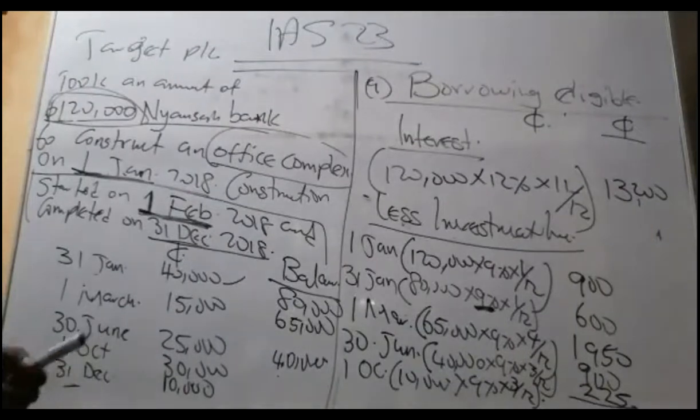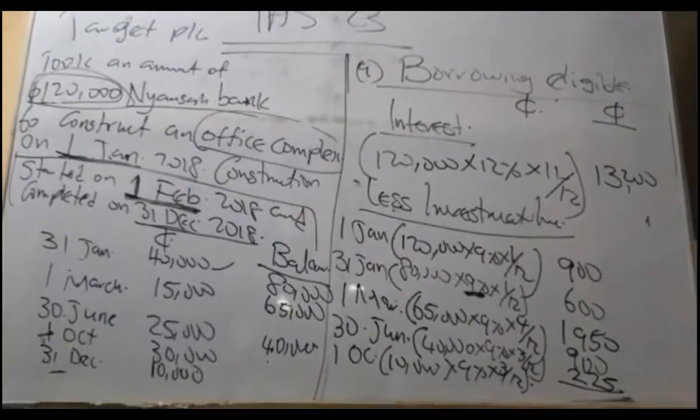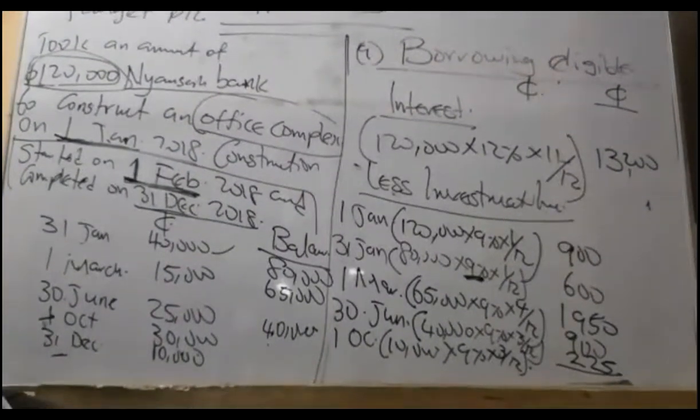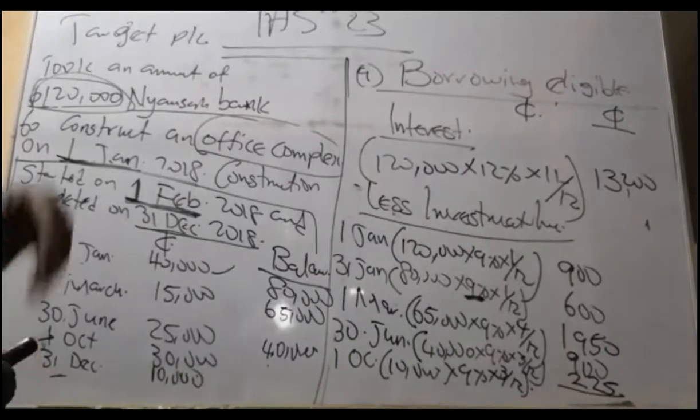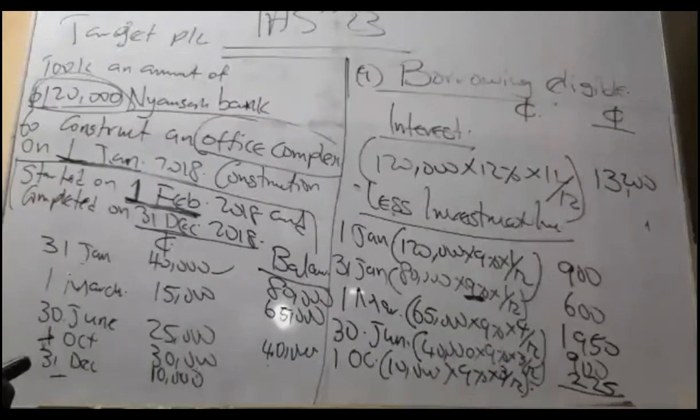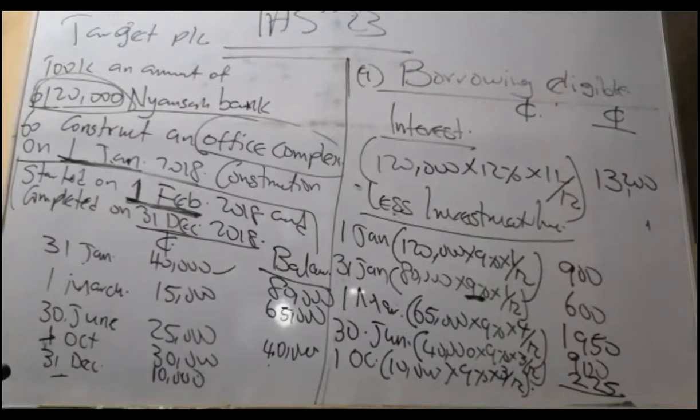So now let's see. Let's go down. So let's add all of them. 900, 600, 1,005 plus 1,950. Then plus 900 again. 1,800 plus 600.